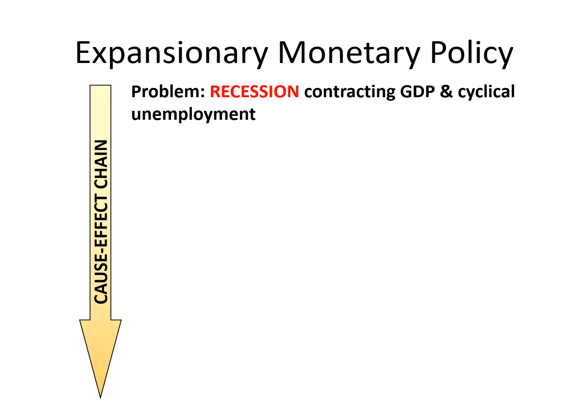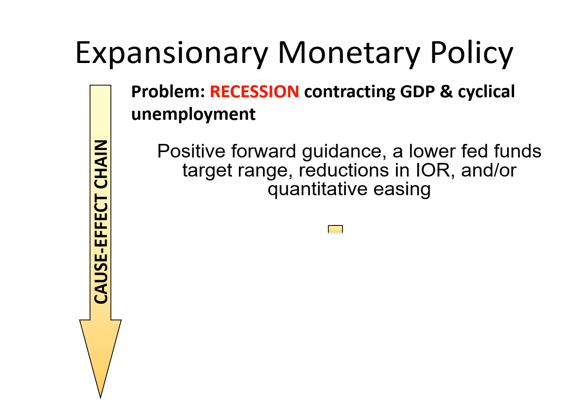If the problem is a recession with contracting real GDP and cyclical unemployment, the Fed will use its tools under an ample reserves regime to lower the Fed funds rate by reducing interest on reserves, some quantitative easing, and some positive forward guidance. This will increase the money supply.